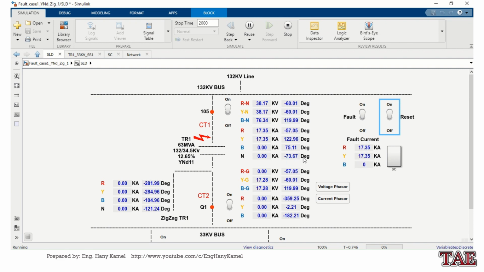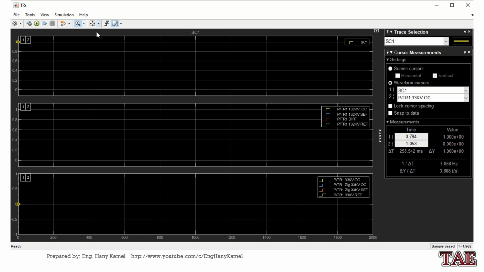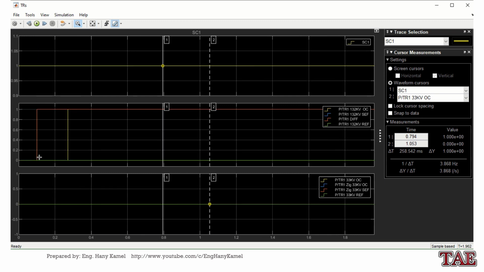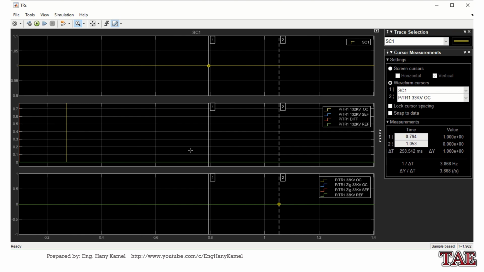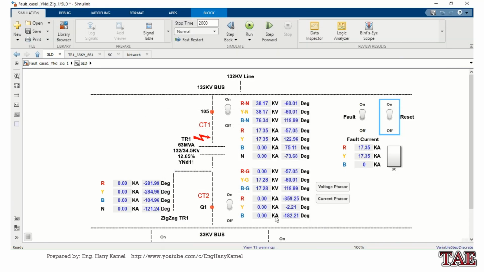So here there is no neutral current, so we expect differential protection and overcurrent for 132. Let's see the trip sequence. Differential protection, then we have overcurrent 132.